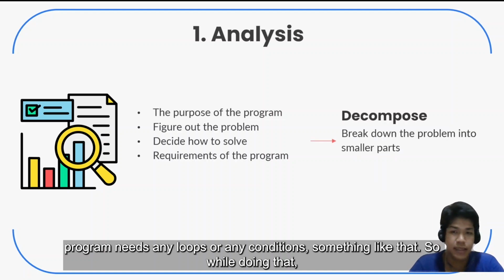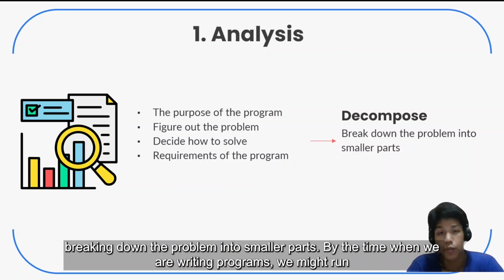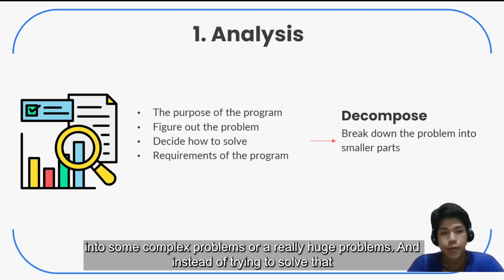While doing that, we can use a method called decomposing. Decomposing is like breaking down the problem into smaller parts. From time to time when we are writing programs, we might run into some complex problems or really huge problems.